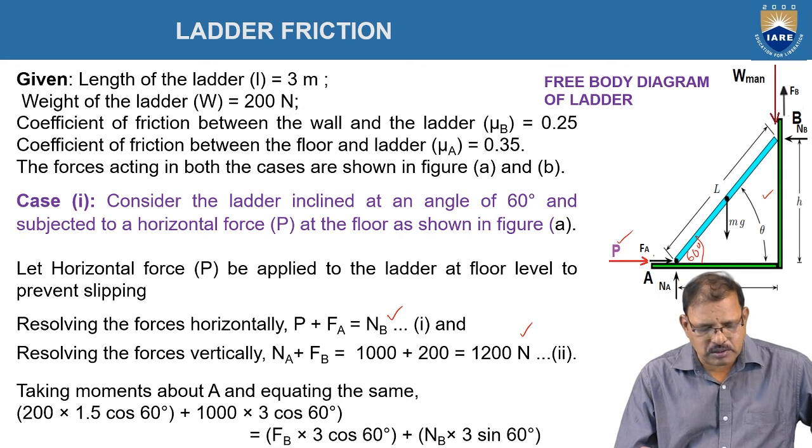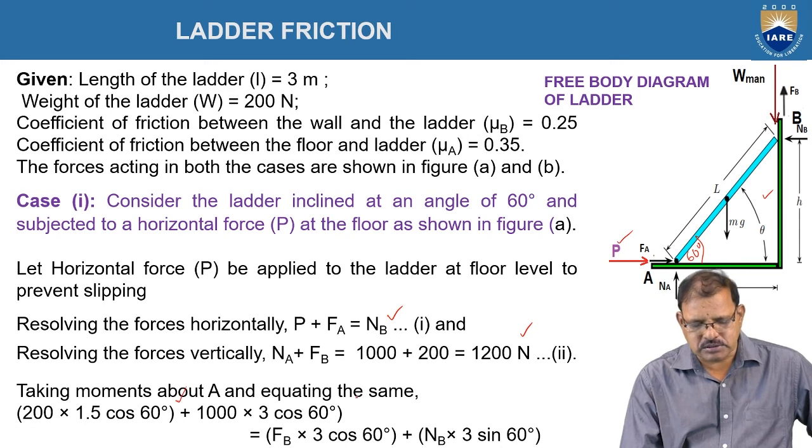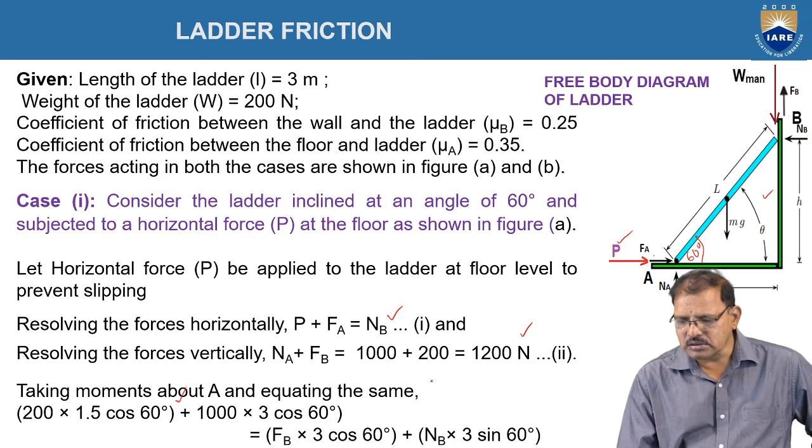Now, taking the moments about A and equating the same, 200 into 1.5 cos 60 plus 1000, that is weight of the person, into cos 60 should be equal to FB into 3 cos 60 plus NB into 3 sin 60, which are shown in equation.